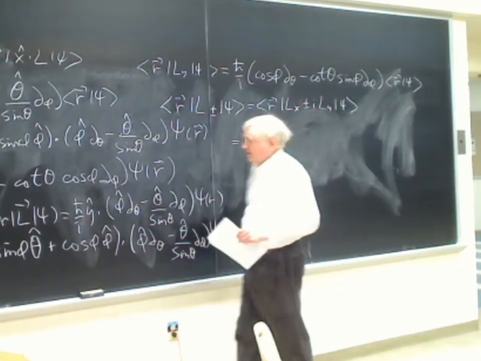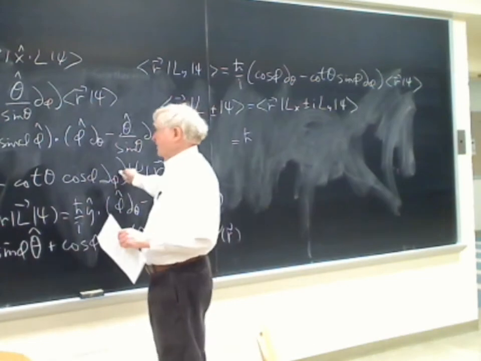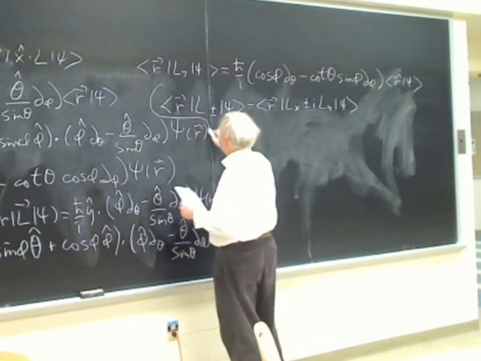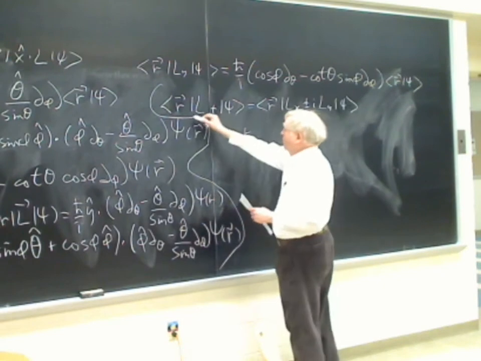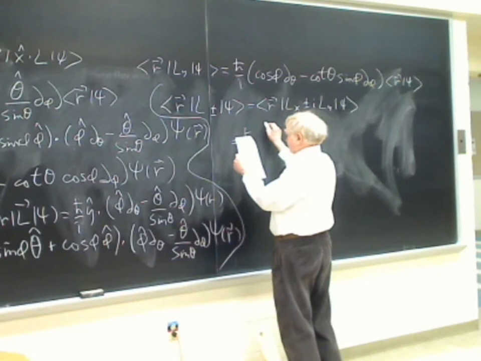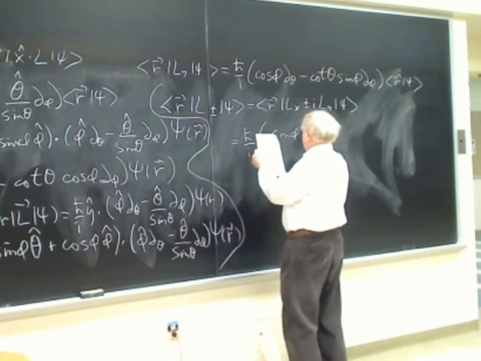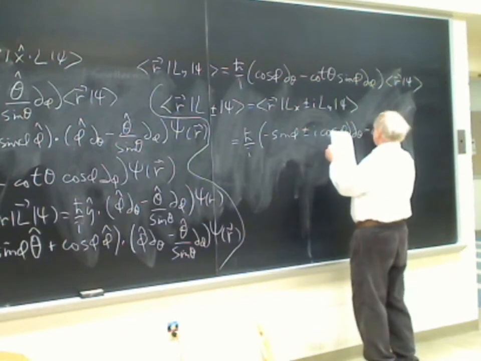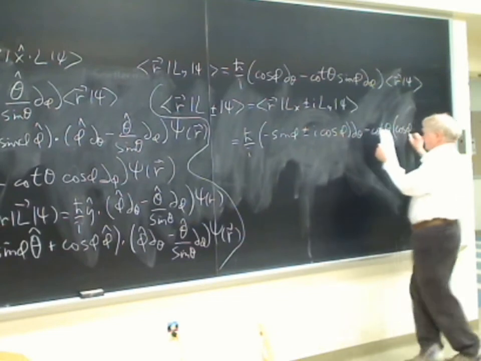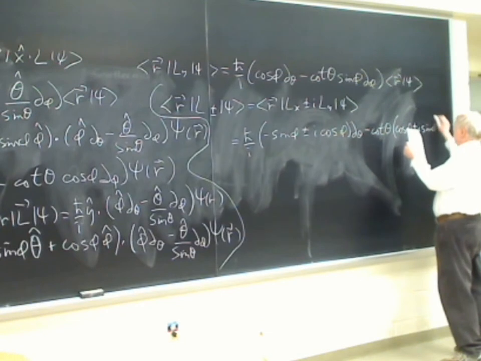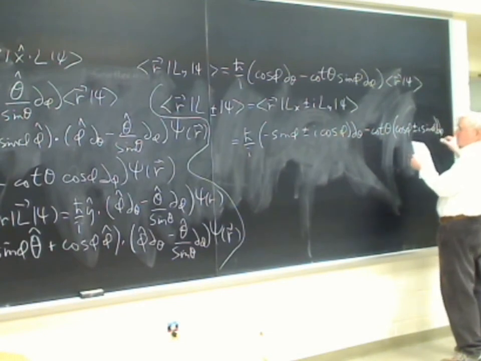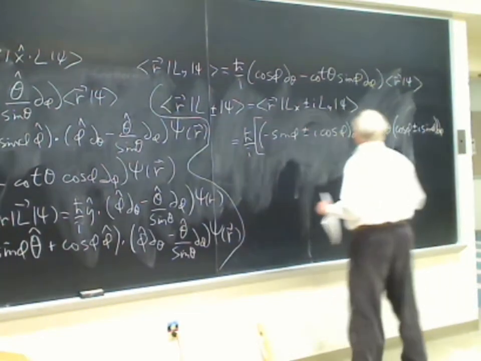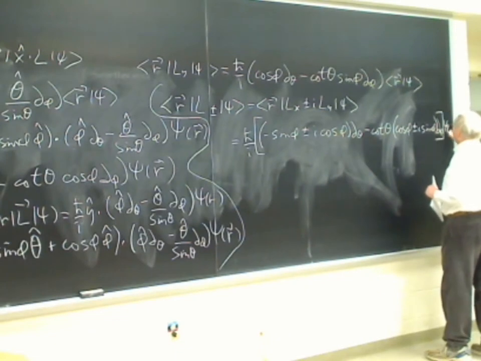Well, just combining this formula with that formula, what we get is: L plus or minus is h bar over i times minus sine phi plus or minus i cosine phi, d by d theta, minus cotangent theta cosine phi plus or minus i sine phi, d by d phi, on psi of r.